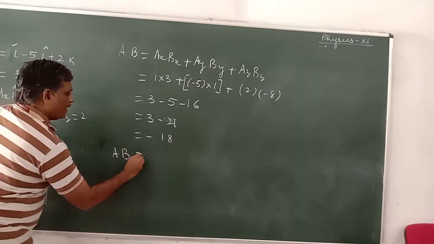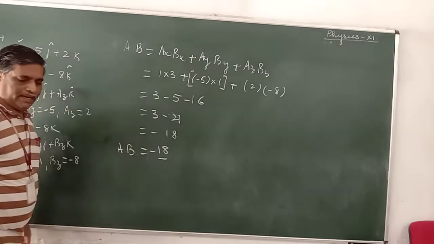Therefore, A dot B is equal to minus 18.